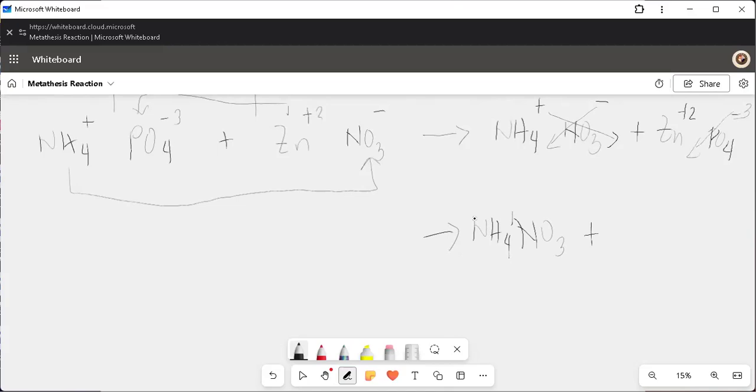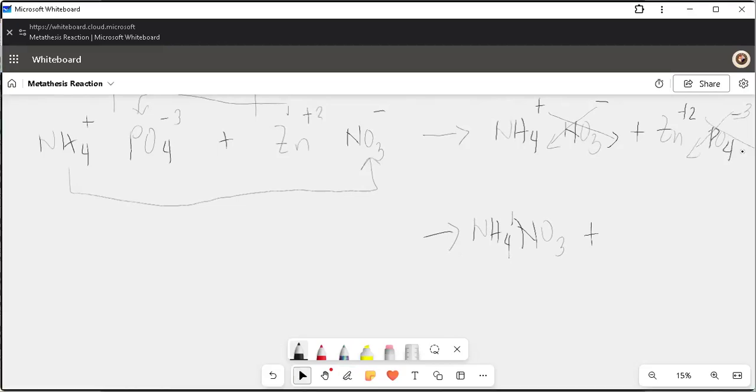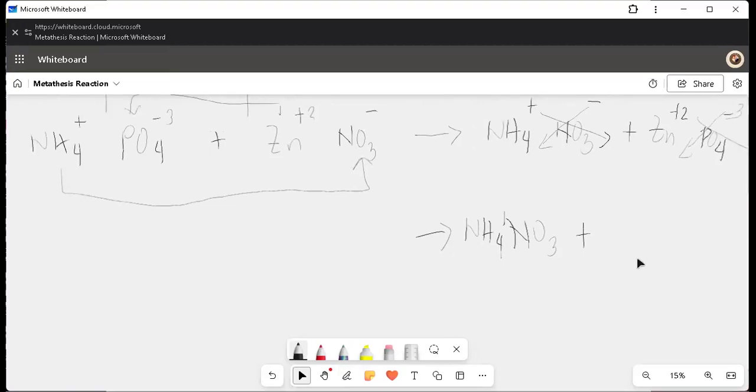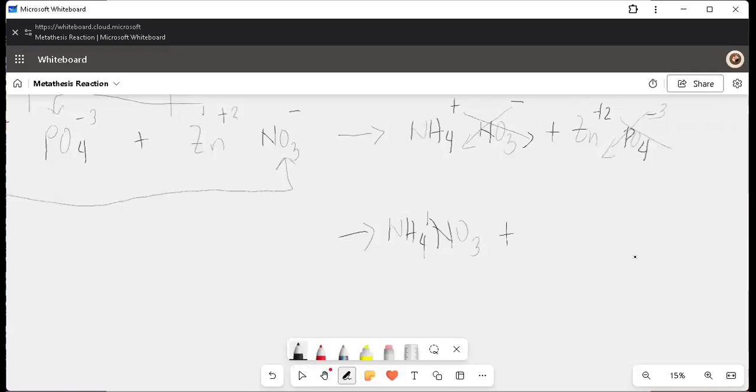So zinc crisscross. So you have here zinc 3, and then put a parenthesis, because what will go down is 2, and 2 is for both the P and the O. So we have here 2.